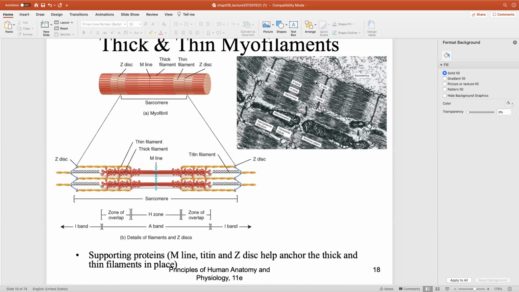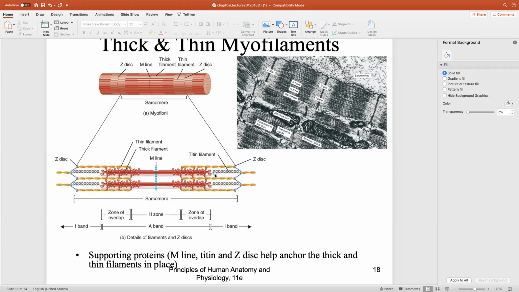So what we're going to see is the more dense areas right here. The dense area contains thick and thin filaments, so it makes sense that there's more protein and more density there. Light has a harder time going through that region, and because of that, it appears darker. That's this area right here, our A band.